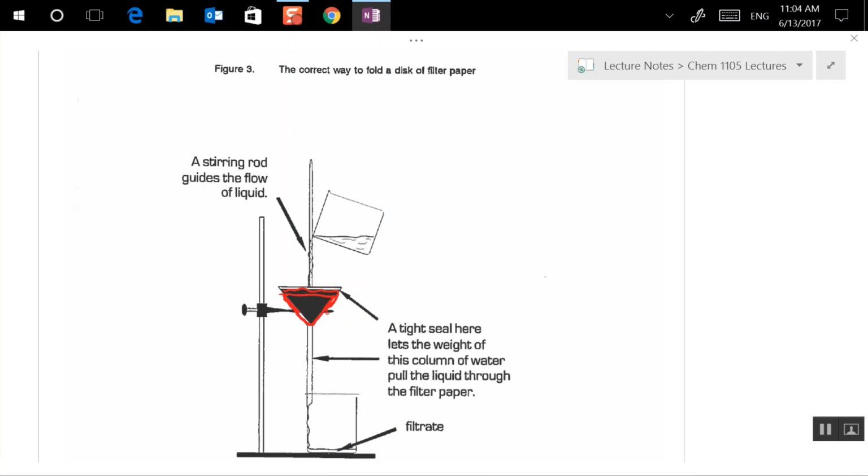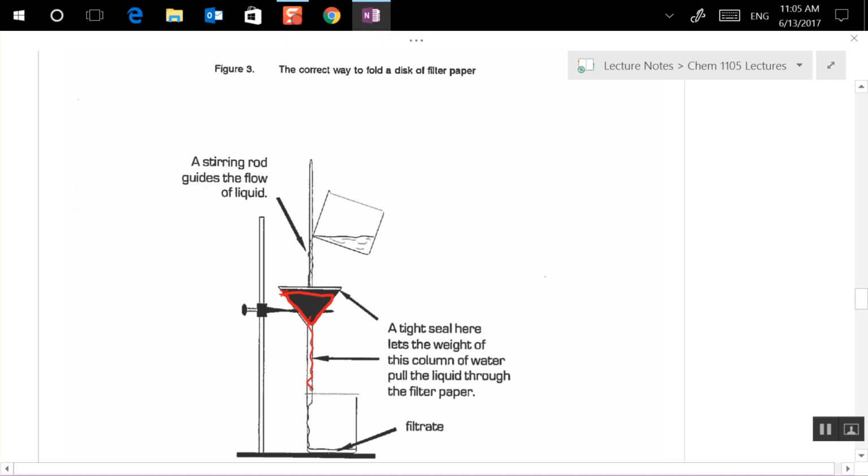Okay? And then you've just made a mess of your experiment. So you want to make sure that the level of the thing you're filtering never gets above the filter itself. It's always below the top edge of the filter, so that you're ensuring that everything's being filtered.